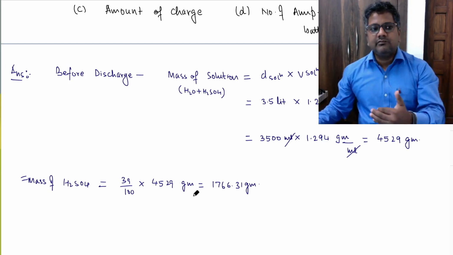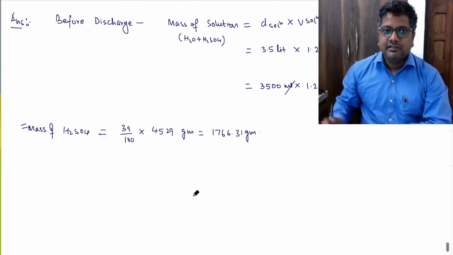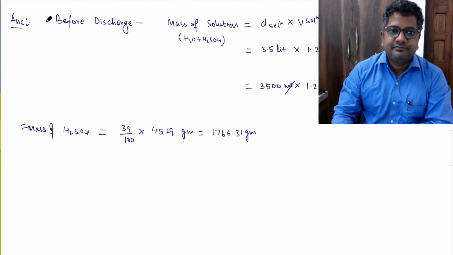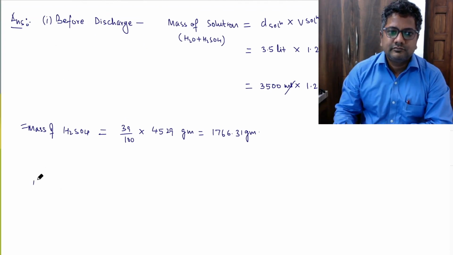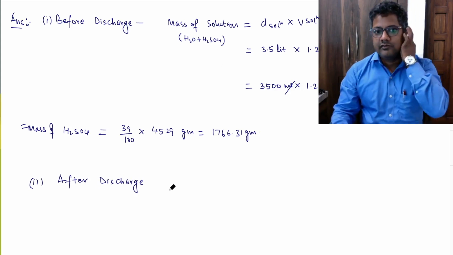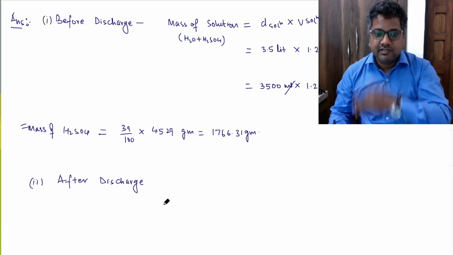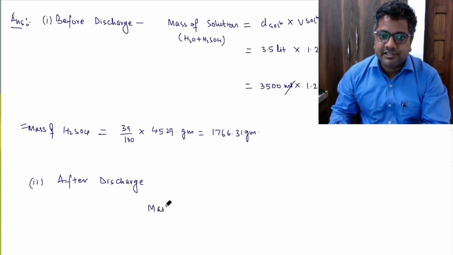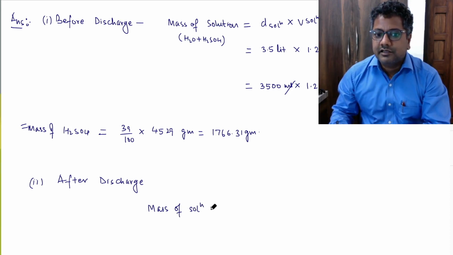Now do the same calculation after discharge. So after discharge, what will happen? Mass of the solution, because density changes, so mass also changes. Mass of solution is equal to density of solution times volume of solution.